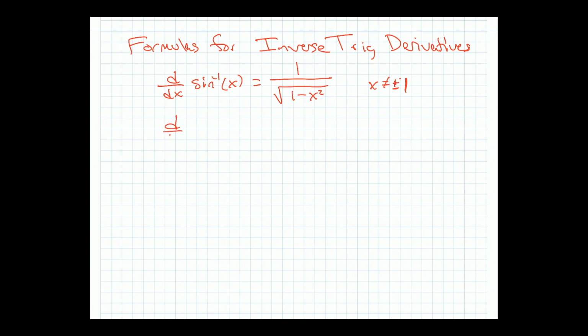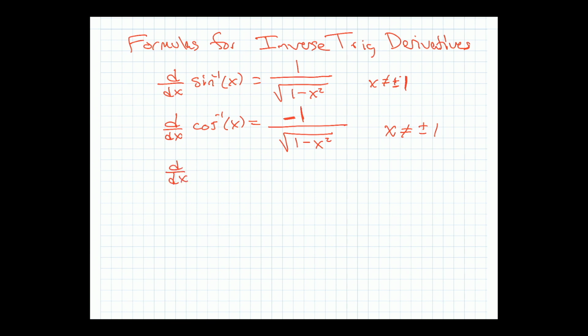What about the derivative of cosine inverse? As you can probably guess, the work for cosine is going to be just about identical to the work for sine, but there's one extra minus sign that pops up. Again, x is not allowed to be plus or minus 1.